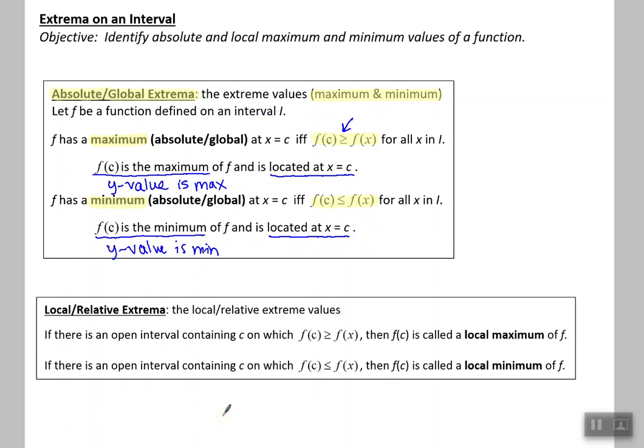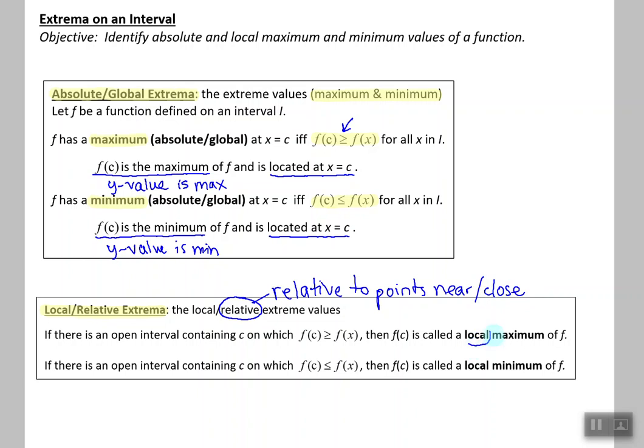Now, this is different from, but related to, local or relative extrema. These are the local or relative extreme values. The word relative should make us think of relative to points near or close to the point that we're observing.